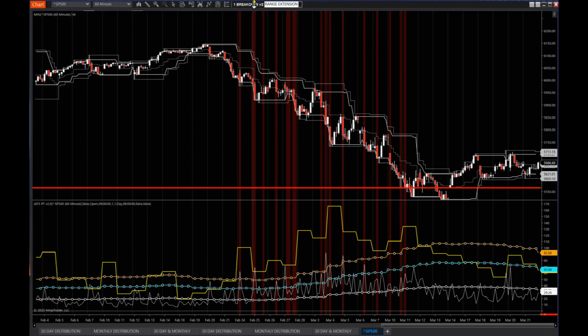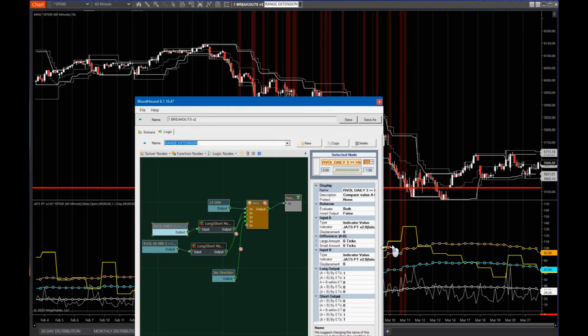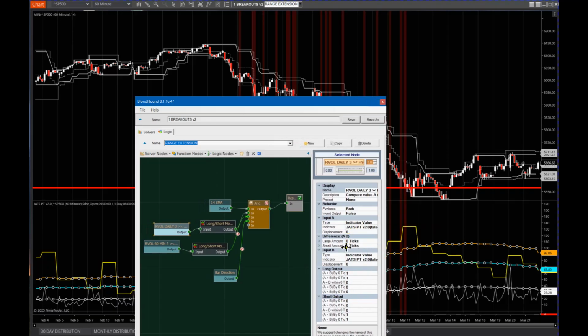So I've set up a Bloodhound template to mimic that. It's easy to do in Bloodhound. You just set up your comparison solvers, R vol over H vol. Here we go. So it's the 1 period over the 14 period.